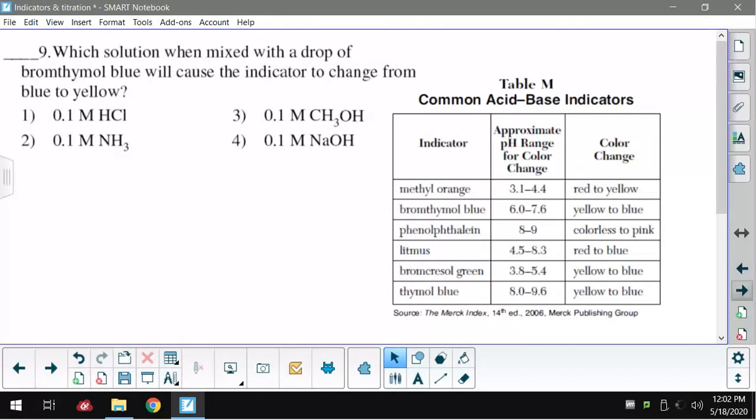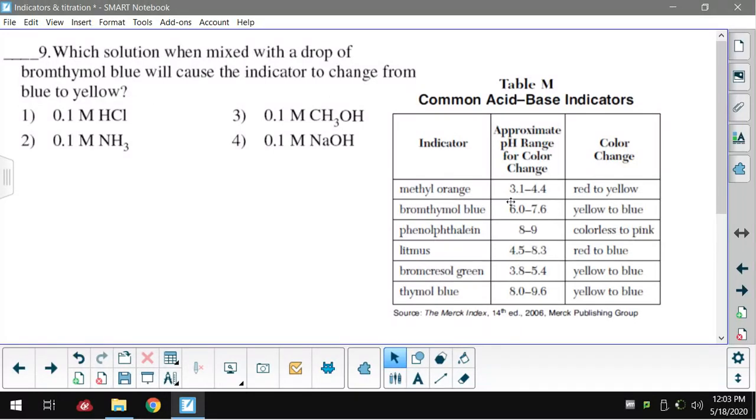Number 9, solution. Which solution, when mixed with a drop of bromothymol blue, will cause the indicator to change from blue to yellow? Bromothymol blue is going to go from blue to yellow. It started out as blue, so higher than 7.6, and it went yellow, so it went below 6.0.